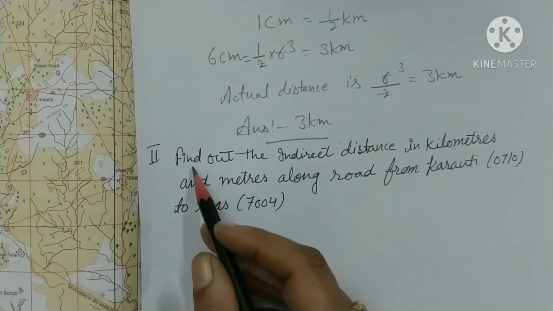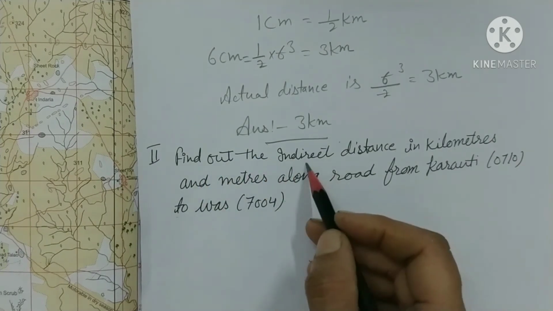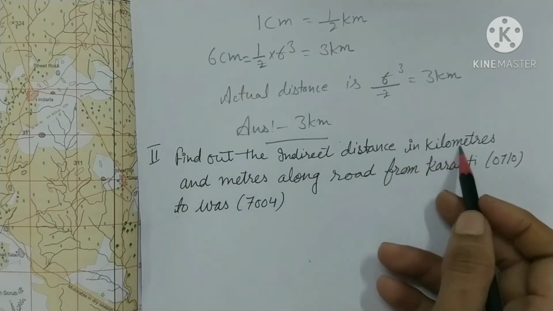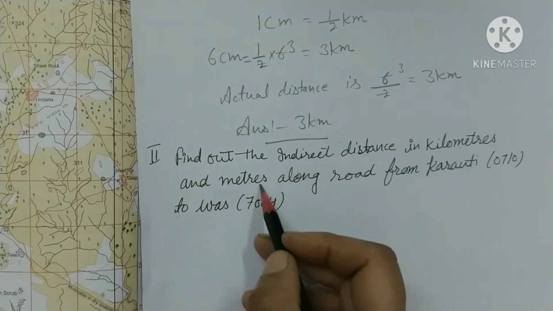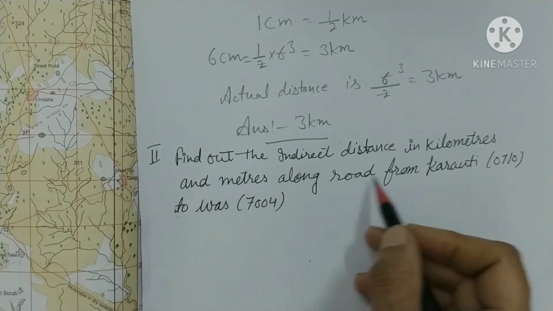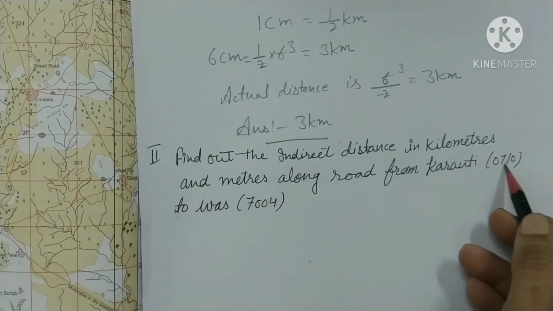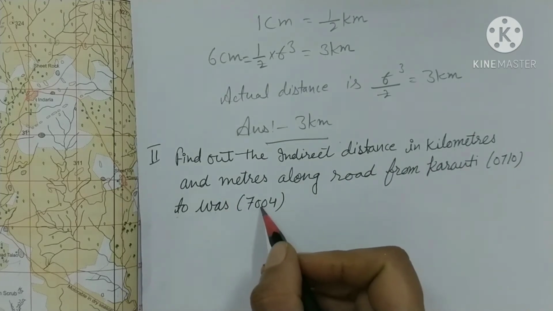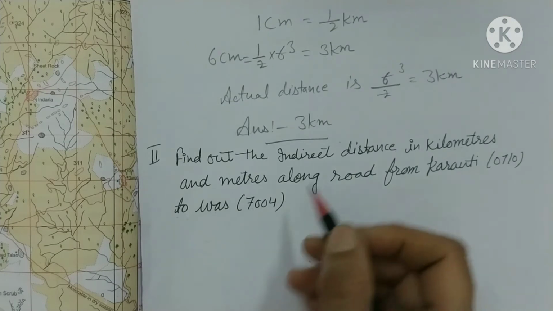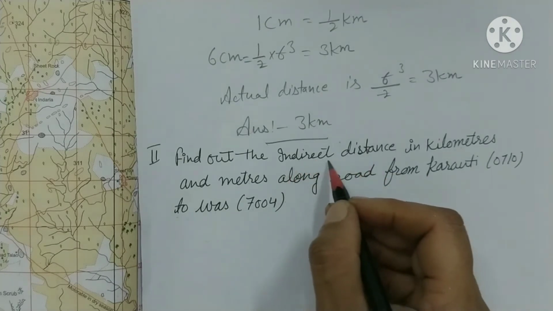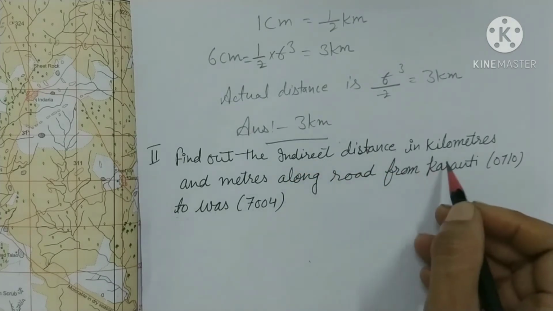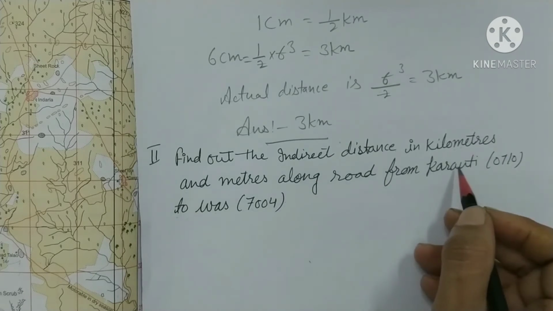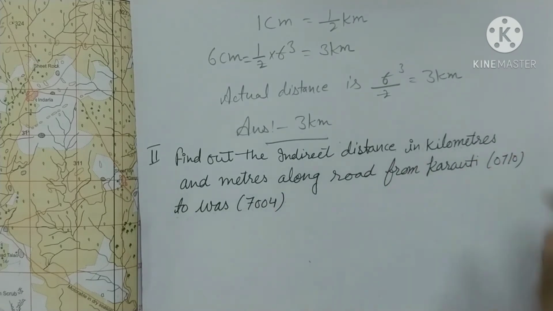The next question is, find out the indirect distance in kilometers and meters along the road from Kranti 0710 to Bus 7004. So here we have to find the indirect distance between two locations, that is Kranti and Bus.